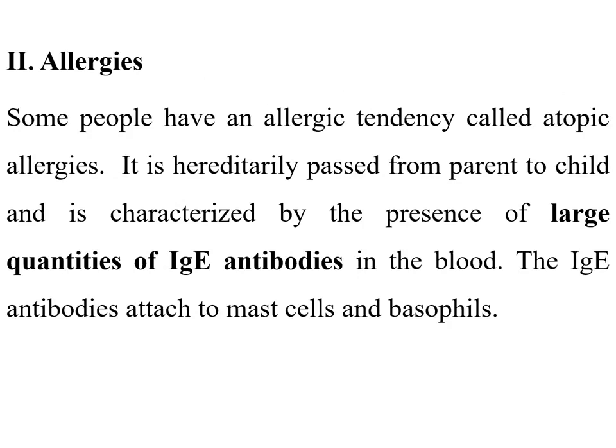The second type, which is allergy, some people have the allergic tendency، قابلية لأن يحصل لهم التحسس اللي نسميها atopic allergies. هذه النوع من الحساسية it is hereditary passed from parents to child، يعني موروثة من الأبوين، and it is characterized by the presence of the large quantity of the IgE antibodies in the blood. إذا ميزتها إنه وجود كمية كبيرة من ال IgE antibody in the blood.